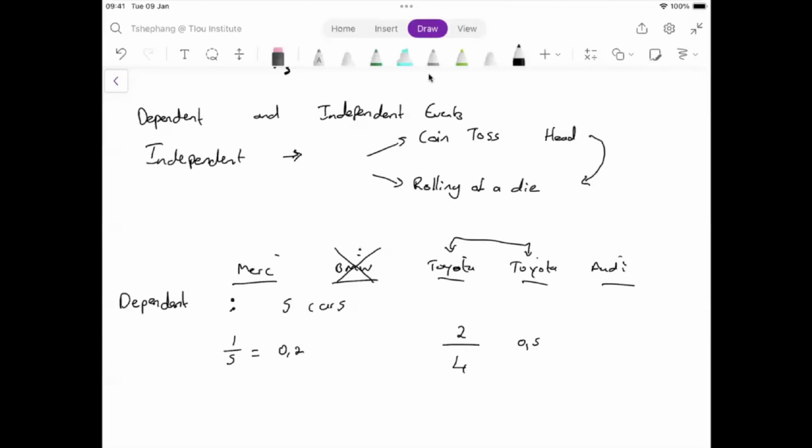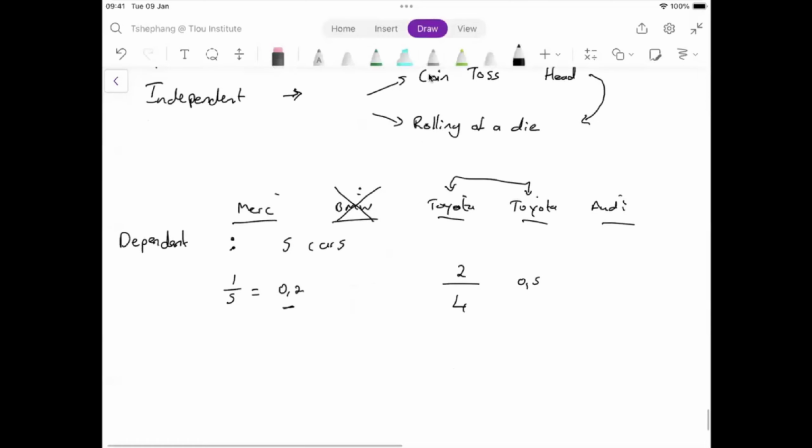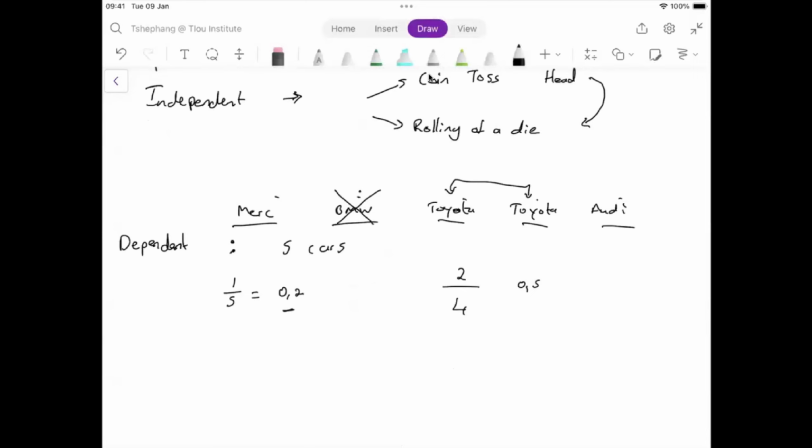The probability of getting a BMW is 0.2. The probability of getting a Toyota is now 0.5, given that the BMW is out. But if the BMW was replaced, if you came and picked a BMW and they replace it with another BMW, the probability of getting a Toyota would now be 2/5. Can you see that taking out this BMW affects the probability of getting a Toyota?